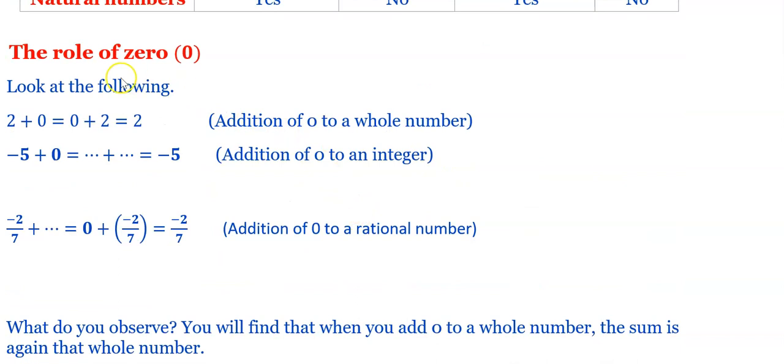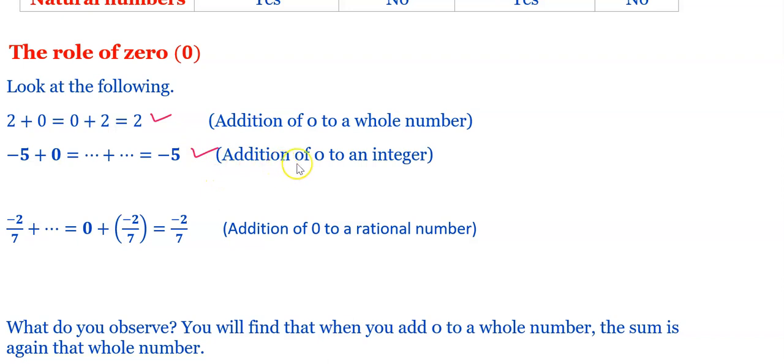Now the role of 0. Look at the following. 2 plus 0 is equal to 0 plus 2, and you will get 2. Addition of 0 to a whole number. -5 plus 0, and 0 plus -5, equals again -5.